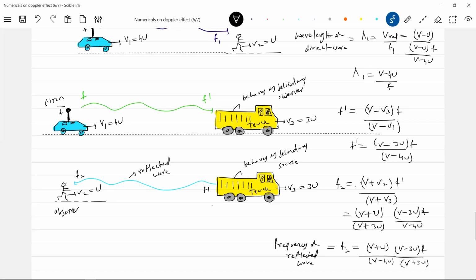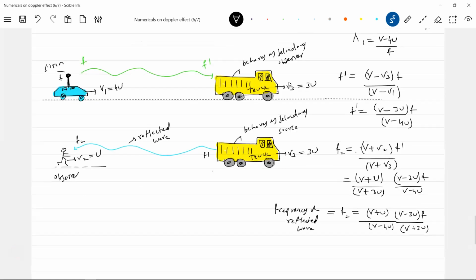Okay, now I want the wavelength. In what direction is the person moving? Towards the right. In what direction is the reflected wave moving? Towards the left, no? So therefore that is V relative by F2. What is that V relative?